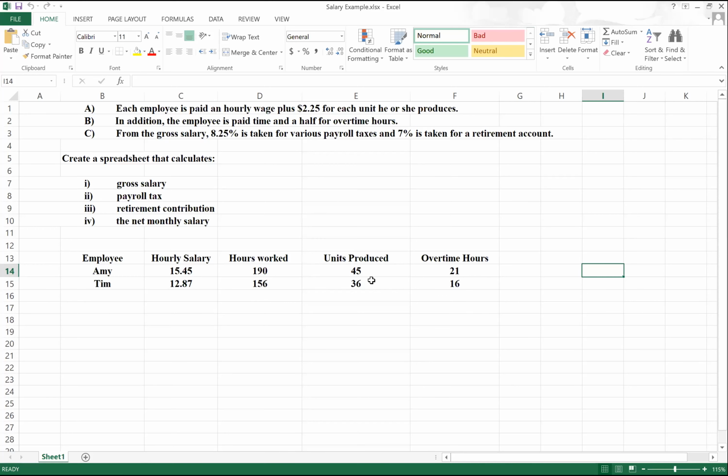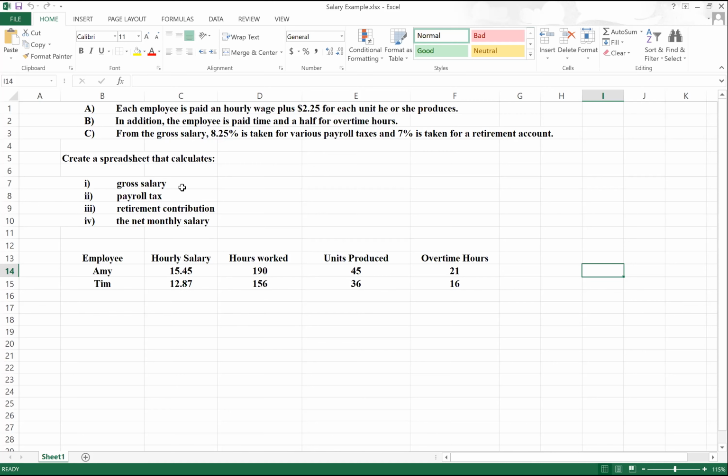And this is just a very good exercise, to help you get some experience in terms of doing the spreadsheet and figure out the total salary, payroll tax, retirement contribution, and also arrive at an employee's net monthly salary. So this is very good, a system to use also for accounting purposes, you can keep track of all the spendings in terms of the employee salaries.